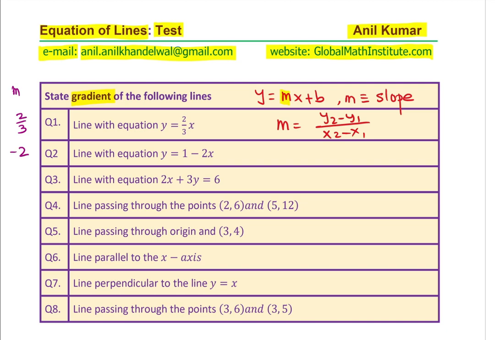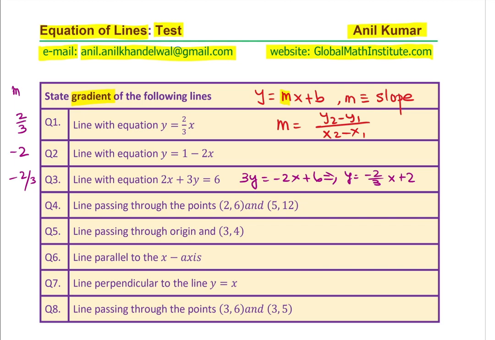In the third, when you rearrange, what should you get? Well, 3y you need to isolate, right? So you can write 3y equals to minus 2x plus 6, and then from here you can write y equals to minus 2 over 3x plus 6 divided by 3 will give you 2, and therefore the gradient is minus 2 over 3.